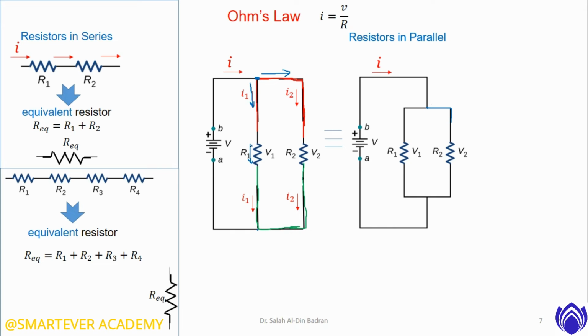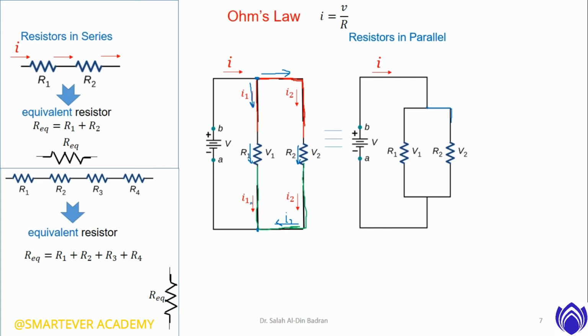So I1 is the same value through this branch until it reaches this node. The same thing for I2. The same I2 that passes through R2 continues in this direction until I2 reaches this node.